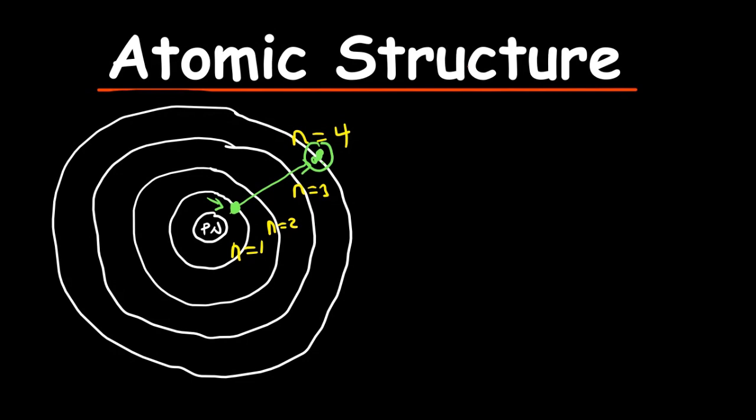So if you are moving from a lower energy level to a higher energy level, it means this electron would have gained energy and then goes to the higher energy level. But even the reverse scenario can happen, where you have an electron in a higher energy level and it loses energy. So what happens? It drops back to a lower energy level.